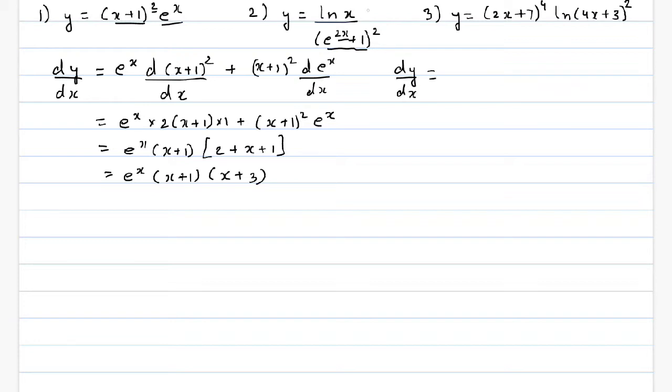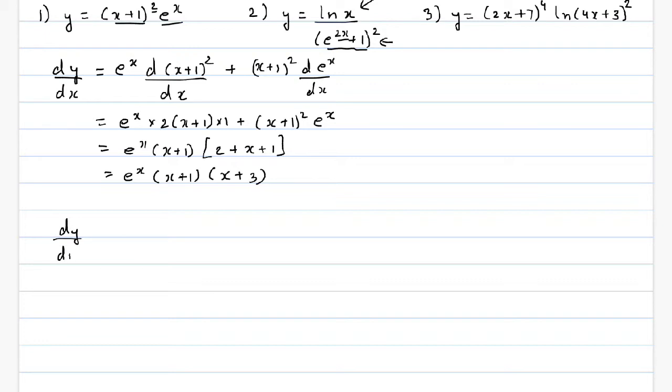The division rule says that we'll differentiate our u first, keeping our v constant. So we'll have e raised to 2x plus 1 whole square. Differentiation of log x should give me 1 by x, and then minus I should differentiate my v, keeping my u constant. So when I differentiate my v, first I should differentiate, I'll write it down, I don't have enough space there, so I'll write it down here.